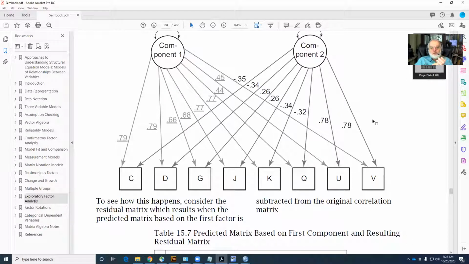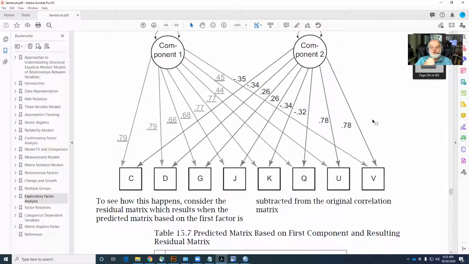Well, let's go back first and talk about the parsimonious factor model chapter that we had before. If you have, say, three variables, you can only ever extract one factor. If you have four variables, you could extract two correlated factors.